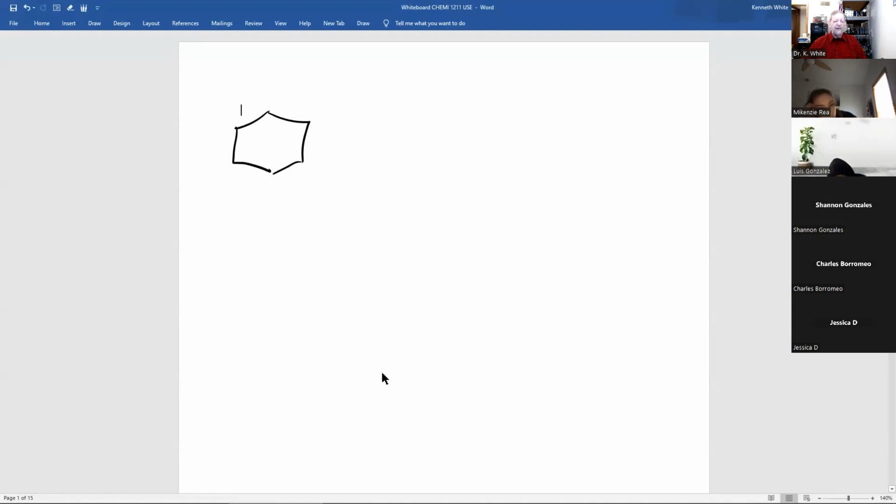Remember, when we draw a ring, every bend in a line is a carbon. 1, 2, 3, 4, 5, 6. 6 carbons is hexane. But since it's a ring, we use a prefix: cyclohexane.